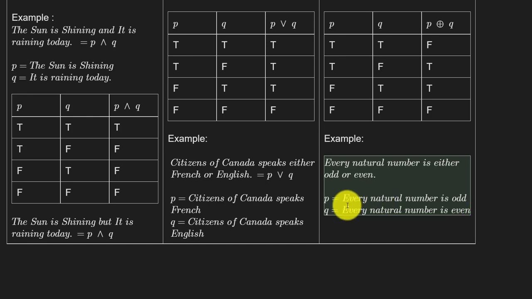Now if I join these two sentences using this either-or, it becomes this one over here: every natural number is either odd or even.